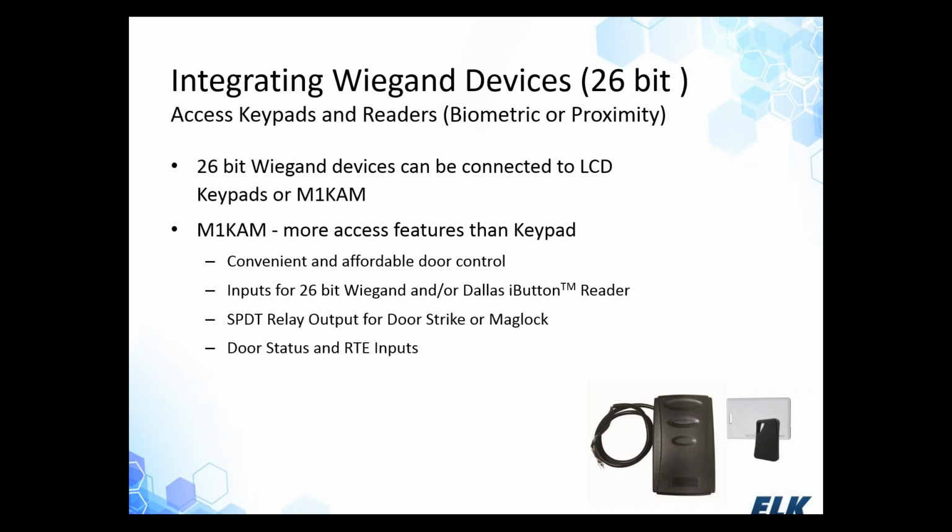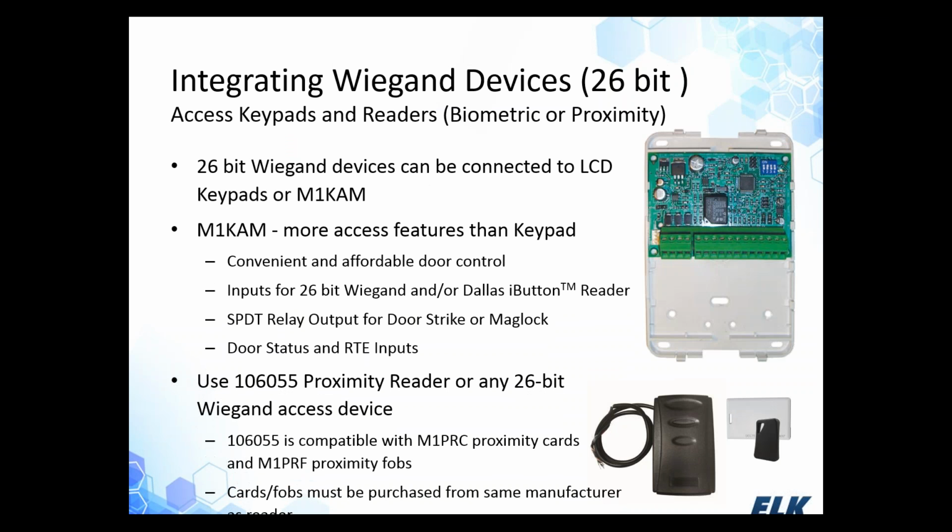Like I mentioned a minute ago, we are compatible with 26-bit Wiegand devices that can connect to our keypad or to our access control module. Here's a picture of the access control module. Now the M1 KAM, the access control module, offers several features that a keypad doesn't. First, it takes the place of a keypad on the data bus, but it doesn't have the LCD display.